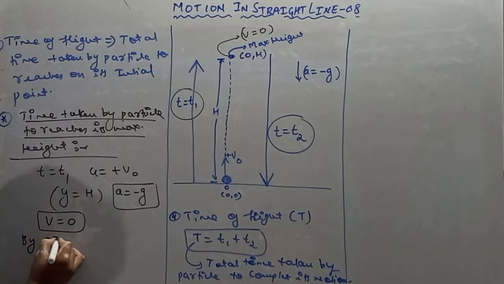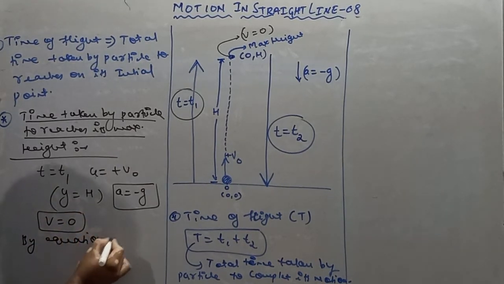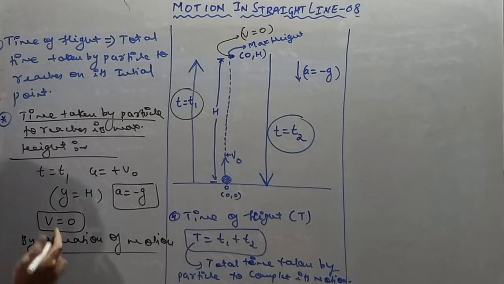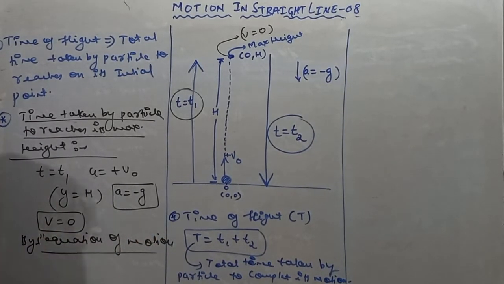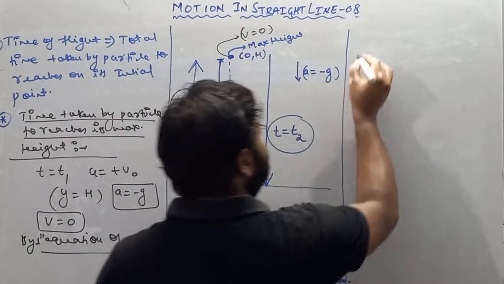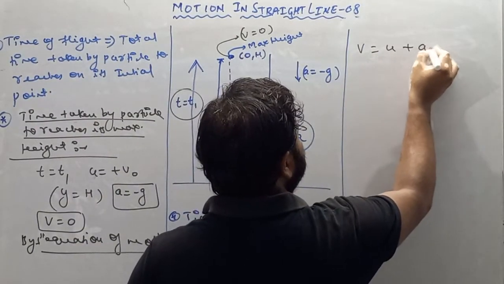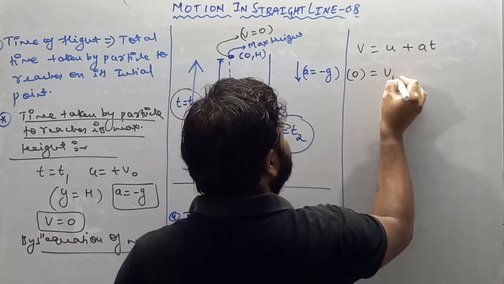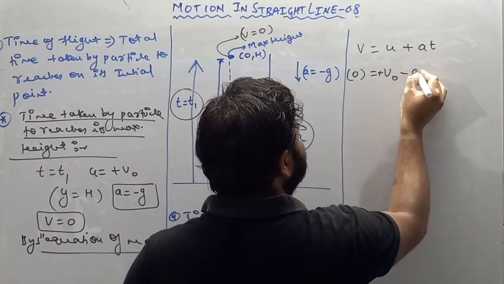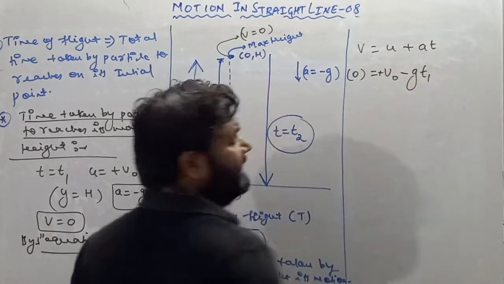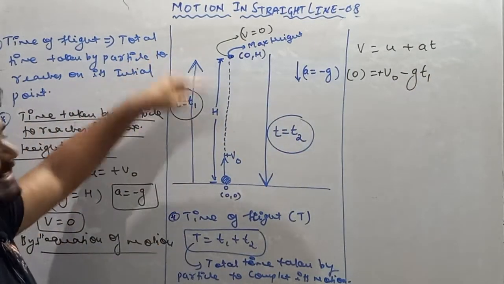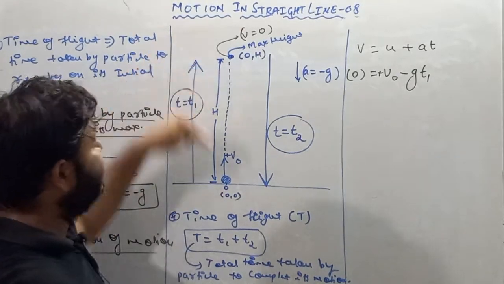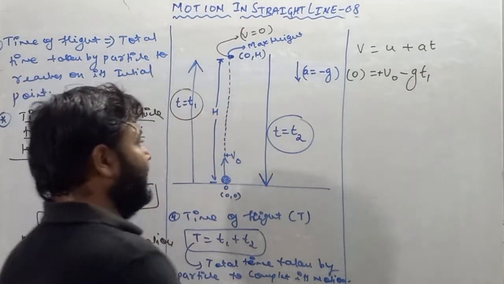By the first equation of motion, v is equal to u plus at. So instead of v, I'll write 0, instead of u, I'll write plus v0, instead of a, I'll write minus g, and instead of t, I'll write t1, because we are finding the value of t1, the time taken by the particle to reach its maximum height.